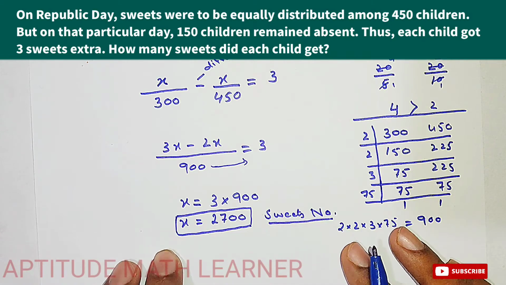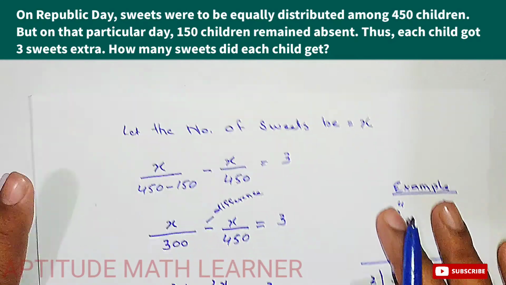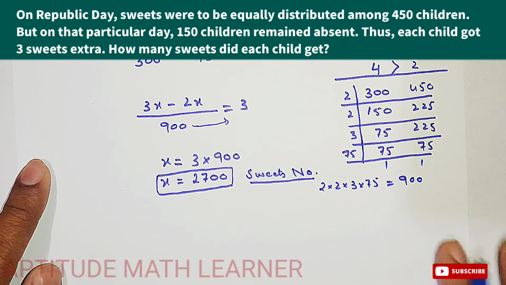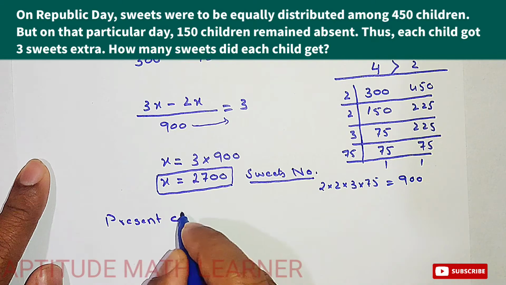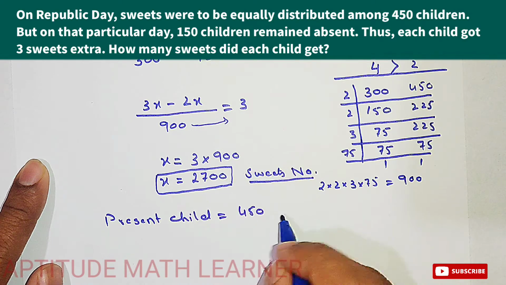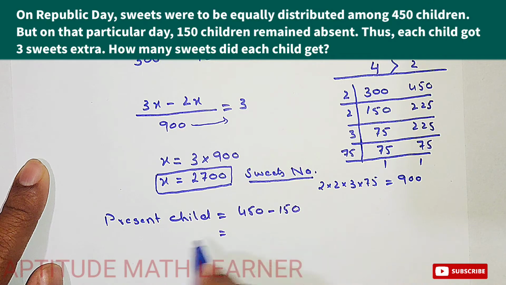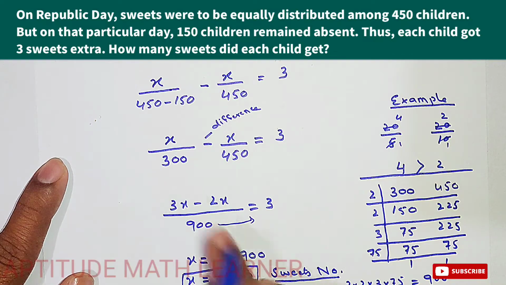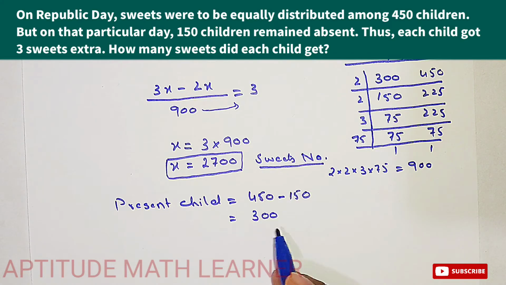At the beginning we had taken, let the number of sweets be x, so here we got the number of sweets. Now the present children: there were 450 at the beginning, and after that 150 got absent, so the present children are 300. Now each of the 300 children will get how much?